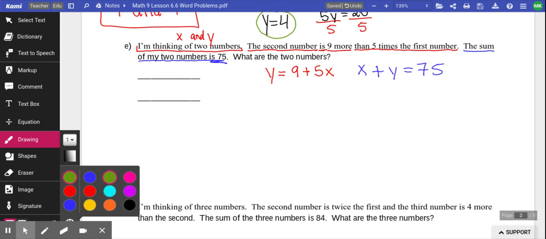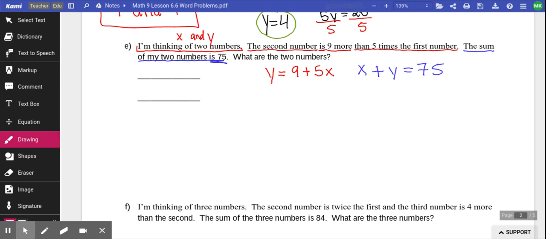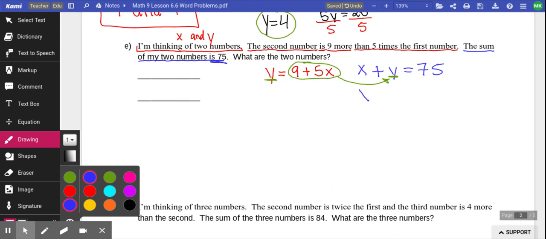Wonderful. Solving this, what I need to do is realize that this y and this y are the same thing. So if the first y in red equals 9 plus 5x, that means the second y must also equal 9 plus 5x. So I can substitute it or change that y to be 9 plus 5x, like that.